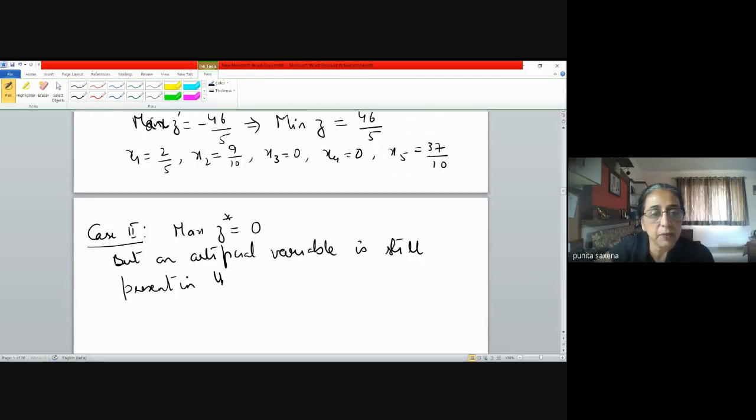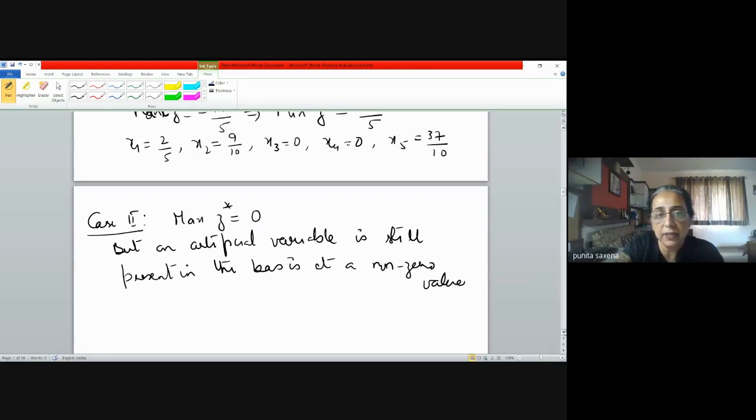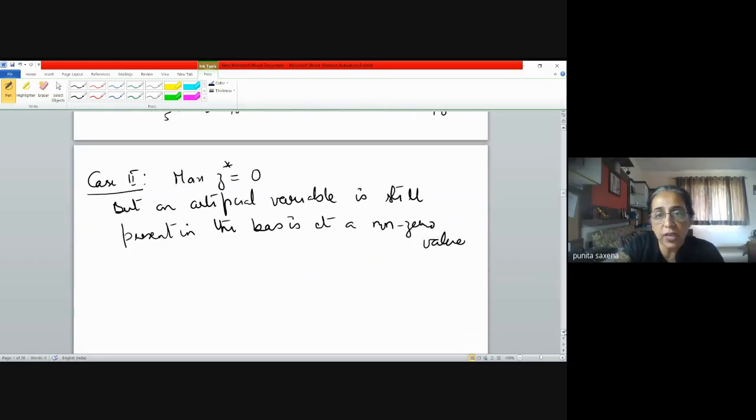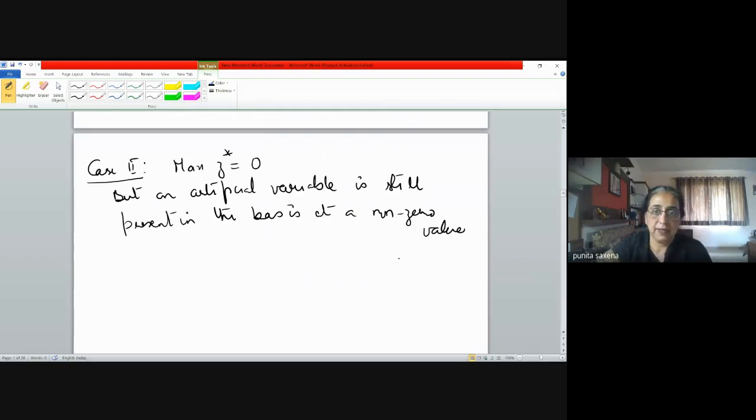That means you are not able to get rid of the artificial variables from the basis, and it is still present in the basis at a non-zero value. By non-zero value I mean that in the table where you end your phase 1, the value of A1 under the column B is non-zero. If you end up with such a situation, then we say that the problem has no feasible solution.